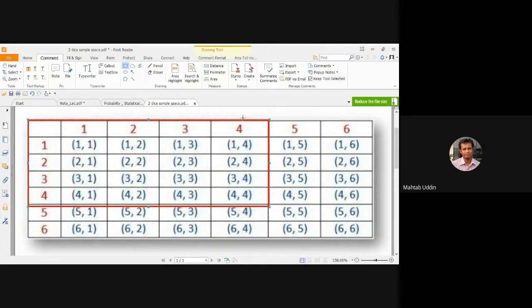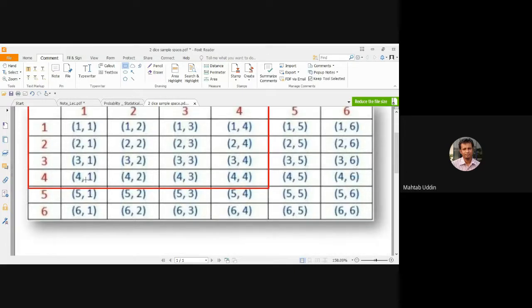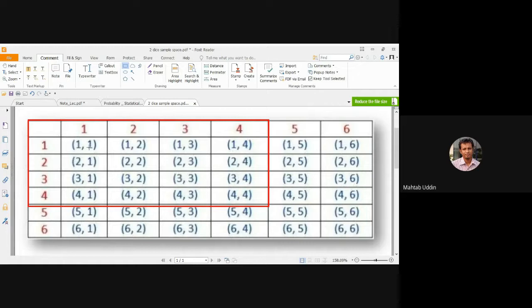Now let us try. If we take the sum, you can see at 1 and 1 the sum is 2. Am I right? 1 and 1 sum is 2, and 4 and 4 sum is what? 8. Am I right? 7, 6, 5, 7, 6, 5, 4.